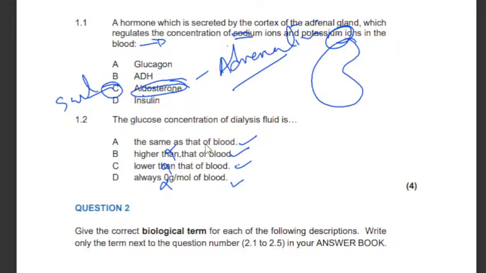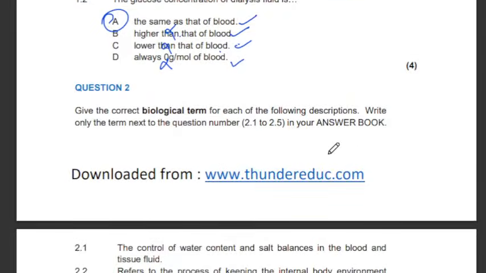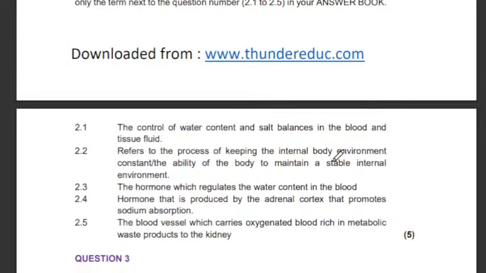Because if it is higher than the blood, it means that dialysis is adding glucose there. And if it's lower than blood, it means that dialysis is taking away glucose. So it cannot be higher, lower, or 0. The answer is that it must be the same as blood. The same amount of glucose which has come must be the same amount of glucose which is supposed to be taken back.